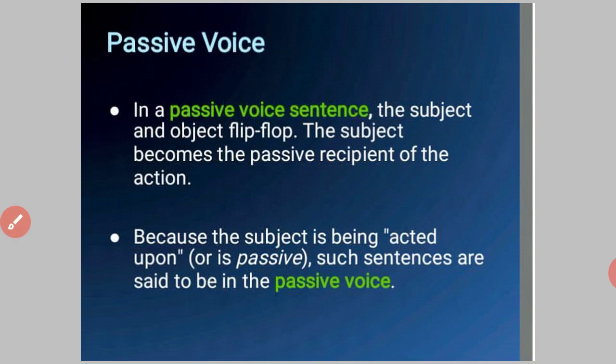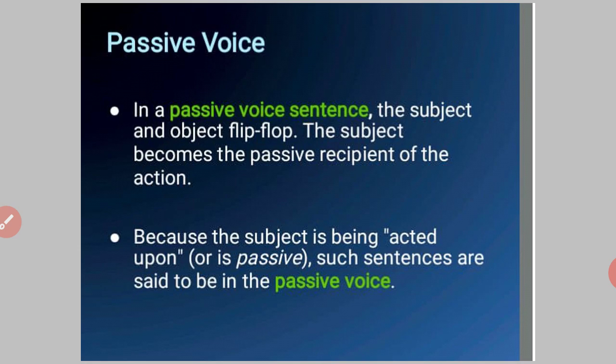Getting? Yes. The subject becomes the passive recipient of the action. So first the subject changes its position. It comes into the position of the object and then it receives the action. It does not perform any action.